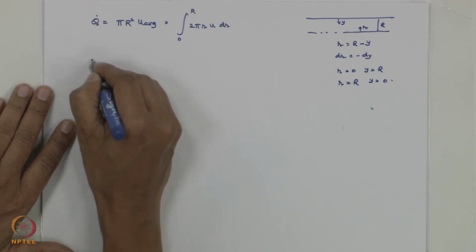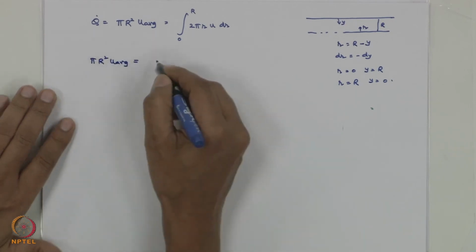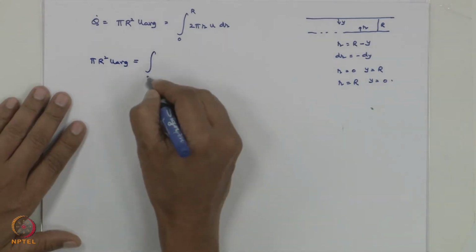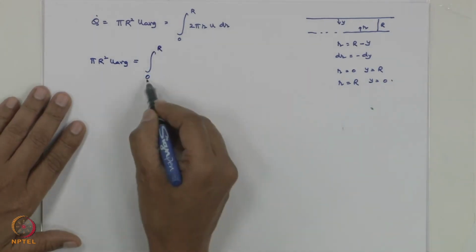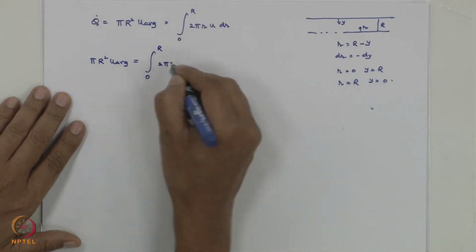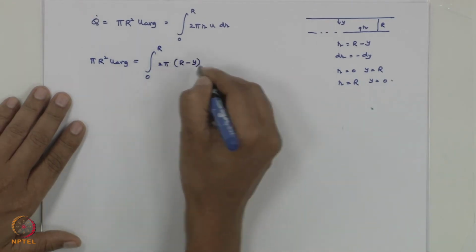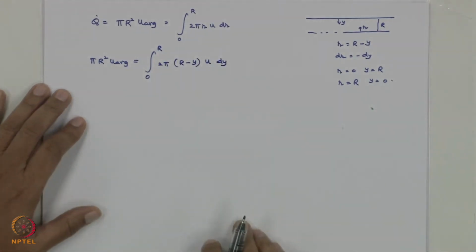So pi r squared u average equal to integral 0 to R, because already dr will become minus dy and this becomes R to 0, I have flipped that. So 2 pi r minus y u dy. This is what we get.